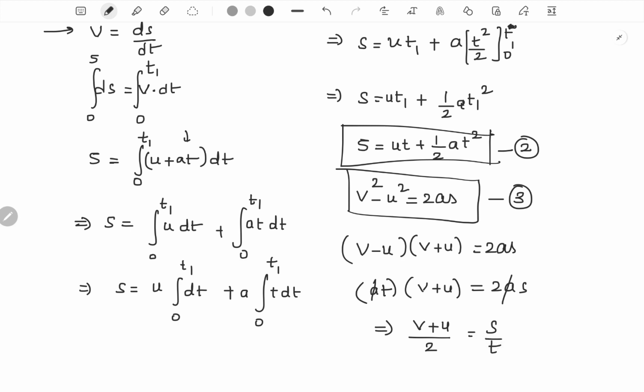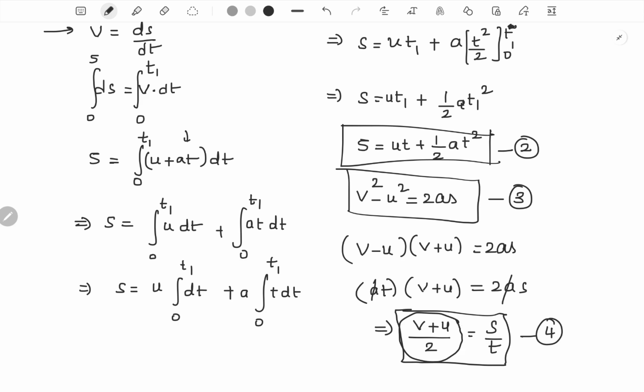If you observe here, on the right hand side we have displacement by time. As we discussed earlier, displacement by time would give us the average velocity during that interval of time.